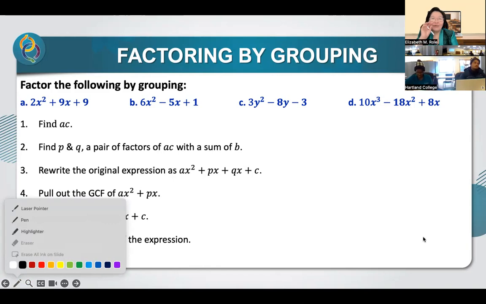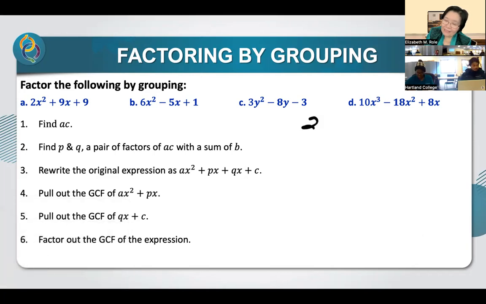Here, you ask yourself, is there a common factor which is the greatest in 10x cubed, 18x squared, and 8x? What's common? 2x. That's 2x, correct? And so what remains inside is 5x squared minus 9x plus 4.